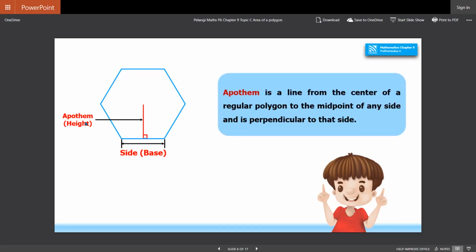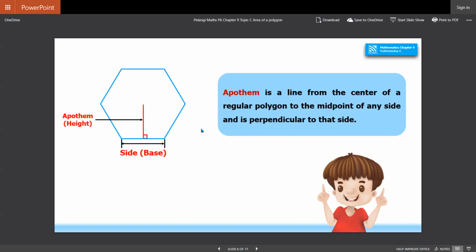So, for example, an apothem is a line from the center of a regular polygon to the midpoint of any side and is perpendicular to that side. Perpendicular means angles of 90 degrees. That is why you have this little box here. This little box says 90 degrees and also says perpendicular.